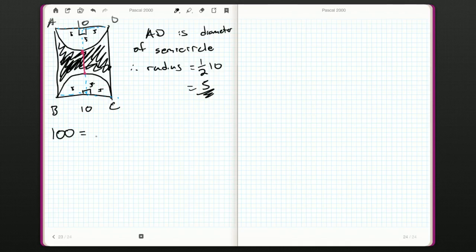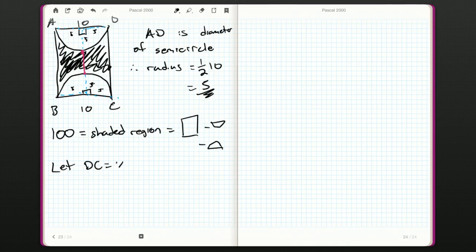So the shaded region is 100. And it's the same as the rectangle minus the two semicircles. So let's give a name.